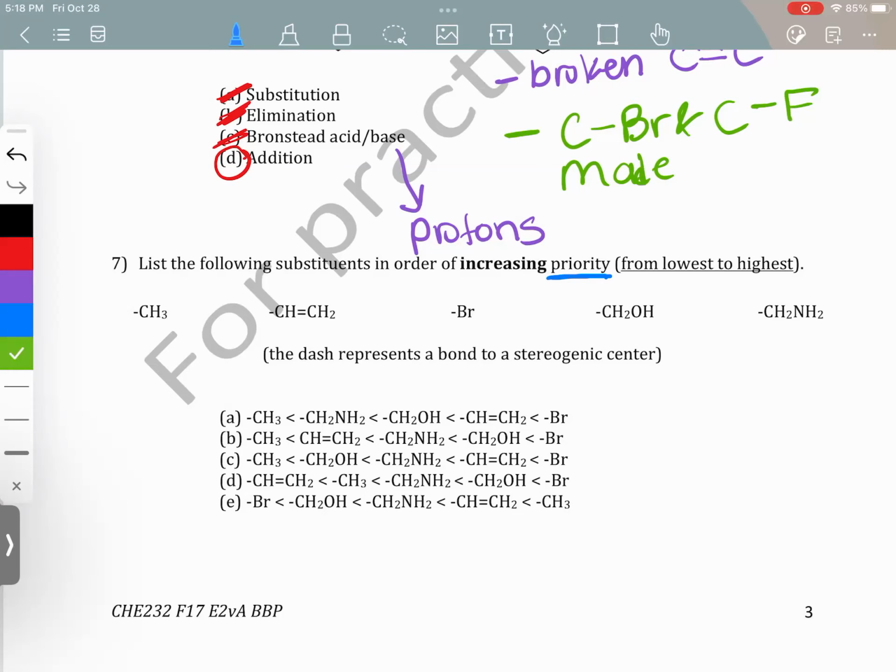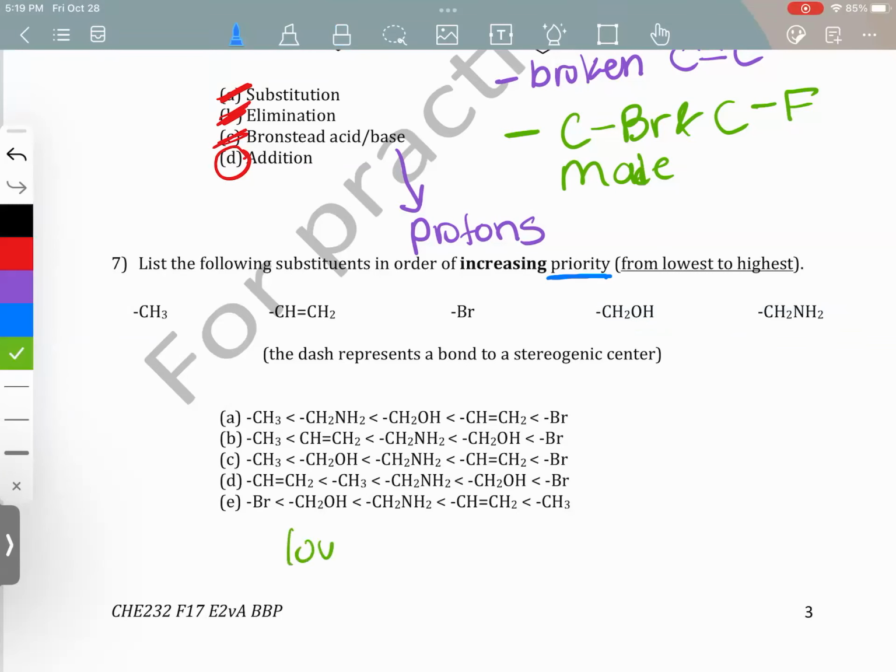After electronegativity, you go to the size of the groups, but that's normally when you have a buildup of carbon as your substituents, like the tert-butyl, it's a big group, so you'll give it higher priority than a methyl, stuff like that. So here we have a methyl, ethene, you have the bromine, you have an alcohol, the CH2OH, and you have the CH2NH2.